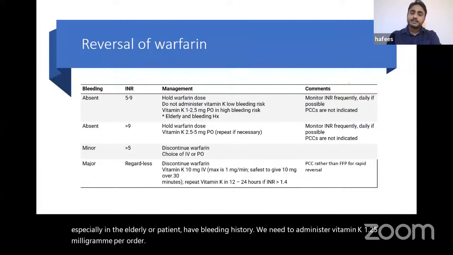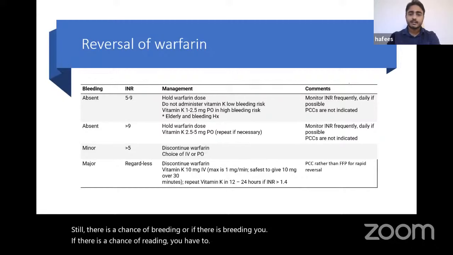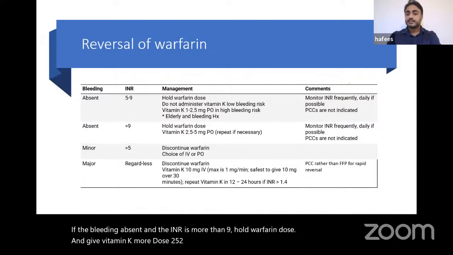Monitor INR frequently if possible. If there is a chance of bleeding, or if there is bleeding, you have to give vitamin K. If bleeding is absent and the INR is more than 9, hold the warfarin dose and give a higher dose of vitamin K, 2.5 to 5 milligram, and repeat if necessary.